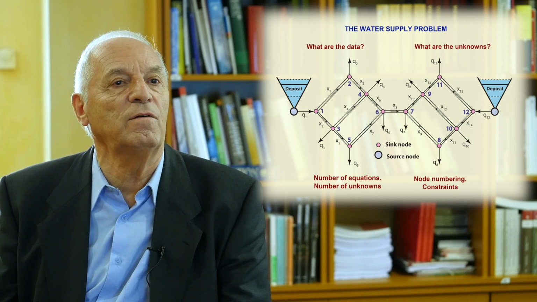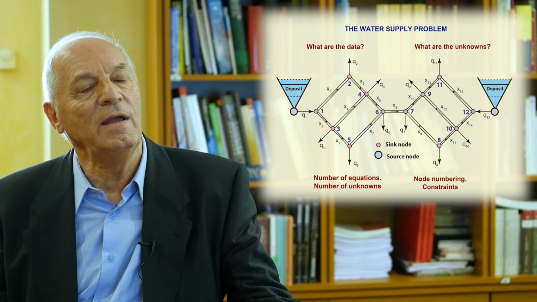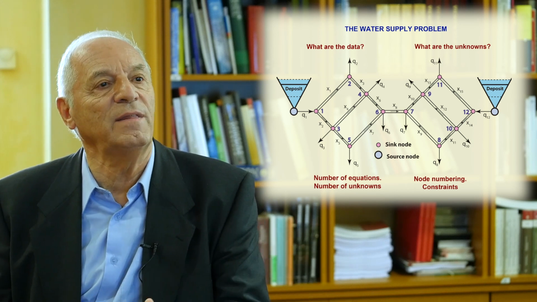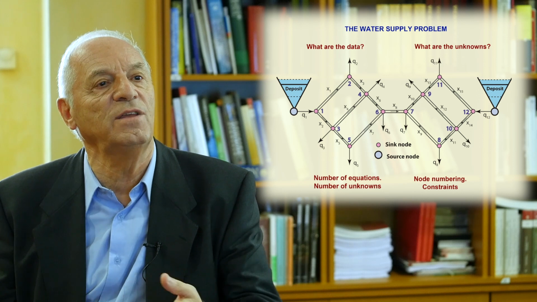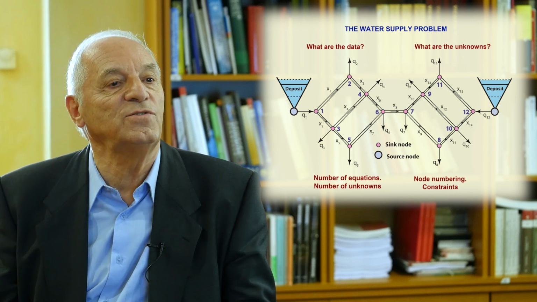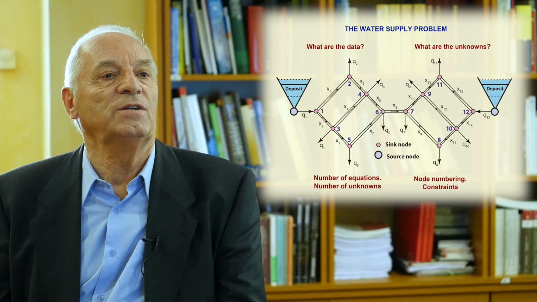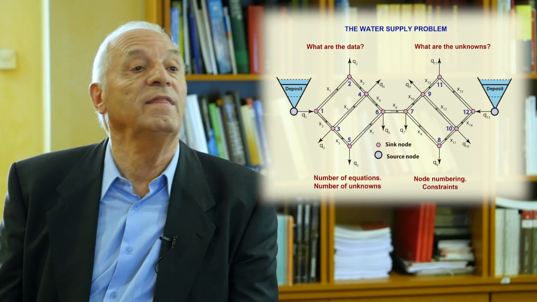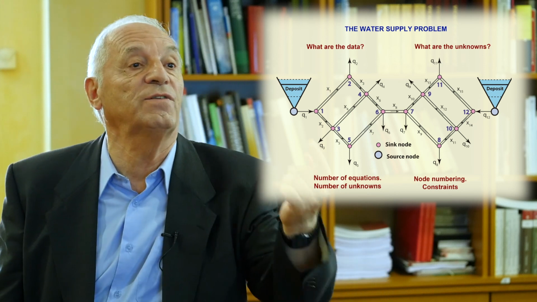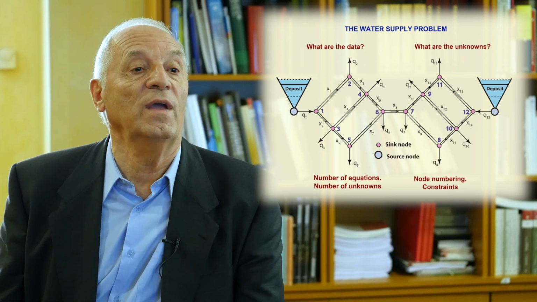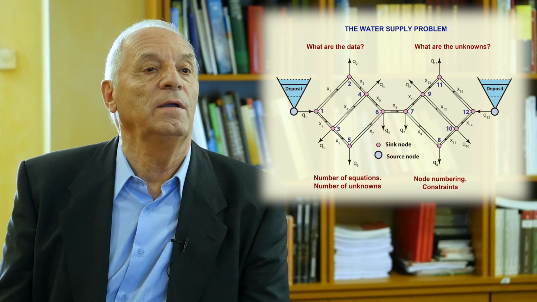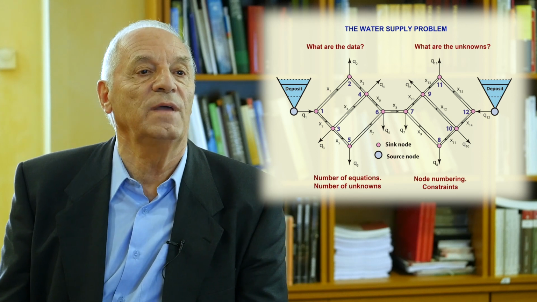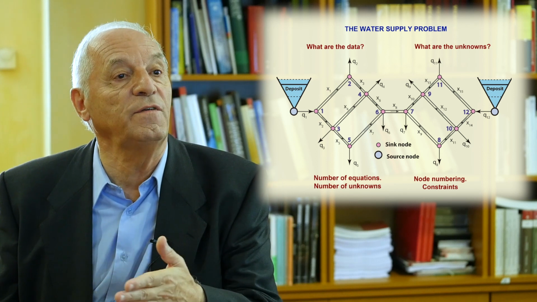The students have difficulty when you have a real problem to reproduce the problem mathematically, and sometimes they don't know what equations to use, what unknowns to use, so it is interesting to see that in this case, the unknowns are the water circulating in each of the pipes. Because we have 15 pipes, we have 15 unknowns, x1 up to x15.